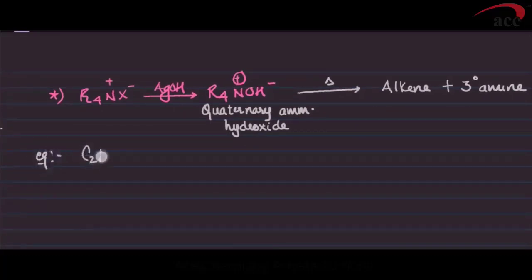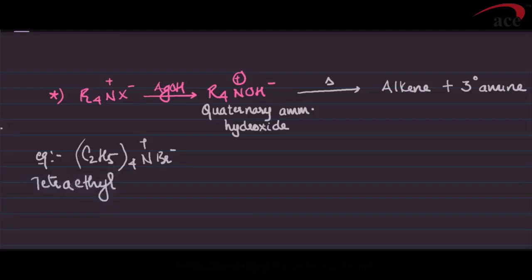Suppose they ask you an example: (C2H5)4 N plus Br minus, that is tetraethyl ammonium bromide.